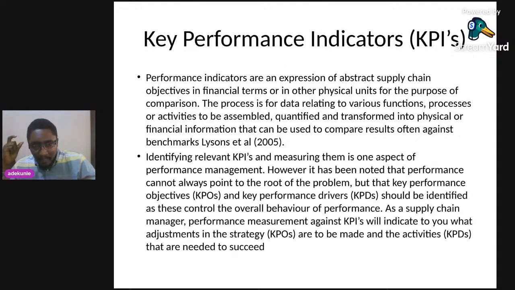And in doing that, you must understand what your key performance objectives are in developing a key performance indicator, and what your key performance drivers are, what drives your performance. If you understand that as a supply chain manager, you will know how to strategically adjust your objectives as you move within the process, and understand what is needed to drive your objective.